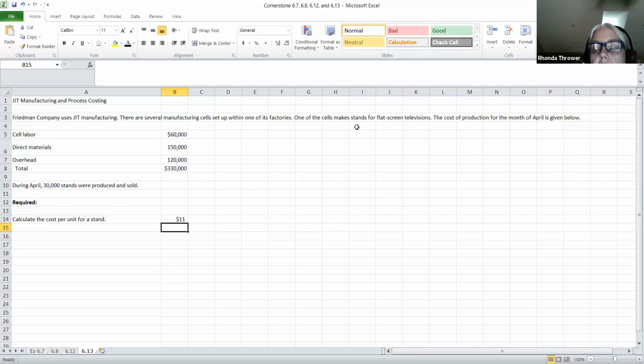They're producing the stands for these. So again, all you do is add up your cost, which is 330,000 in this case, and divide it by the number of stands produced, and that'll give you the cost per stand.